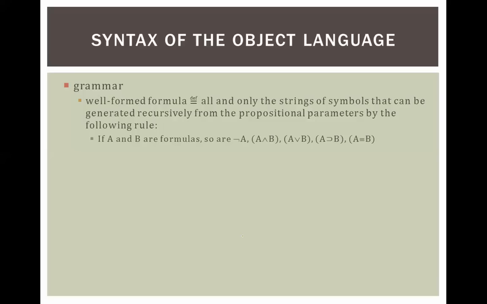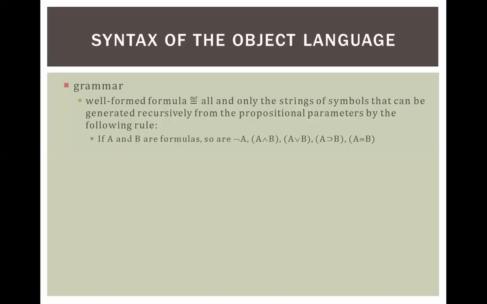All and only the strings of symbols that can be generated recursively, that means by applying the same rules over and over again to itself, from the propositional parameters by the following rule: if A and B are formulas, so are not A, A and B, A or B, if A then B, and A if and only if B.